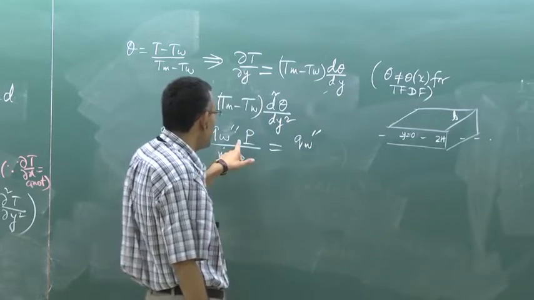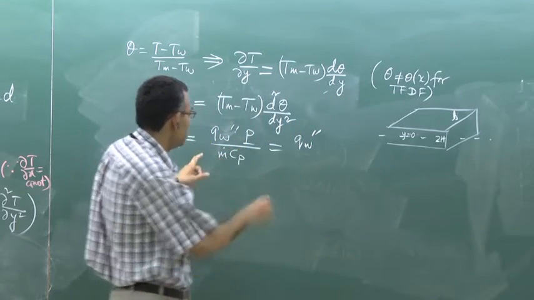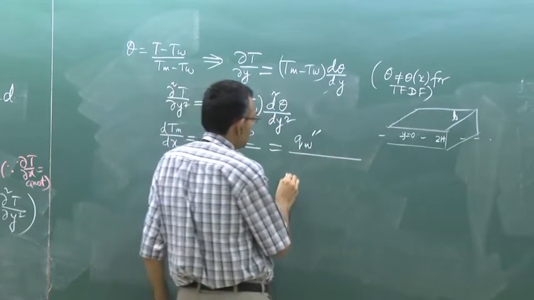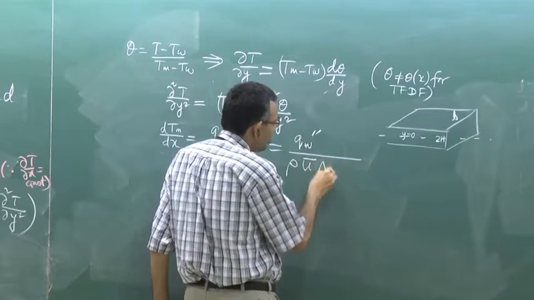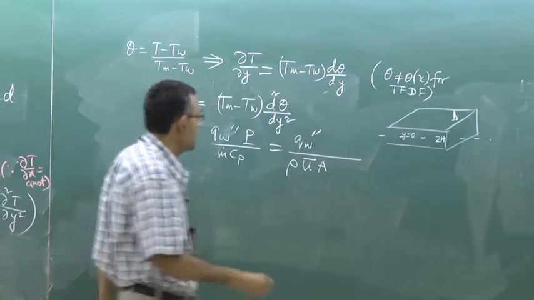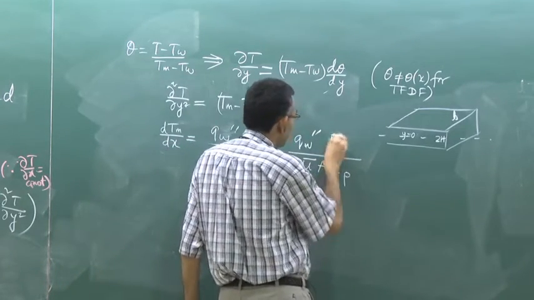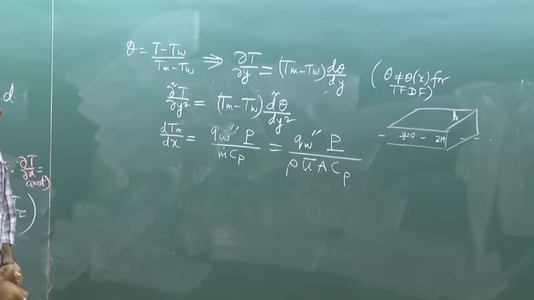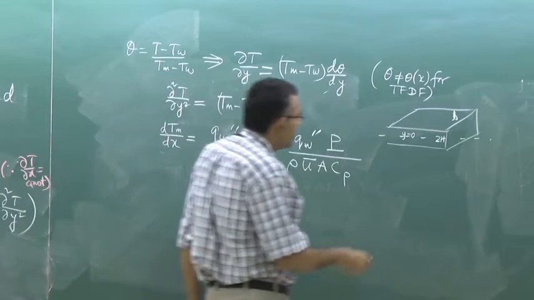So what is the perimeter? Before that let us write another step. What is m dot? m dot is rho u average into A into Cp by perimeter. So basically we have to calculate perimeter by area.